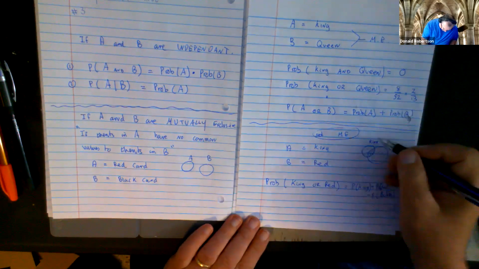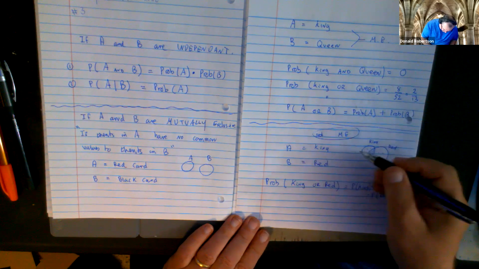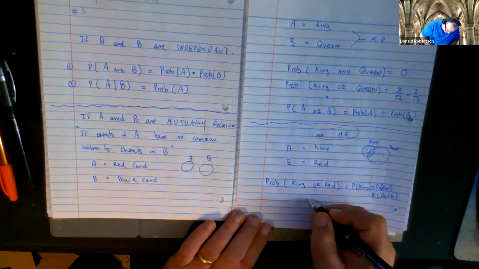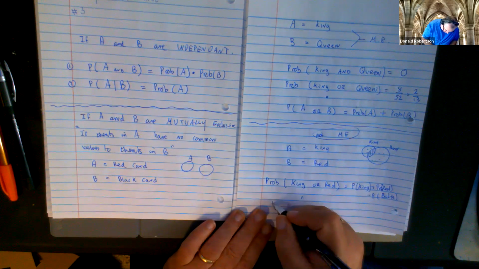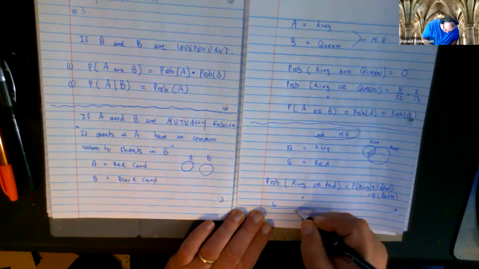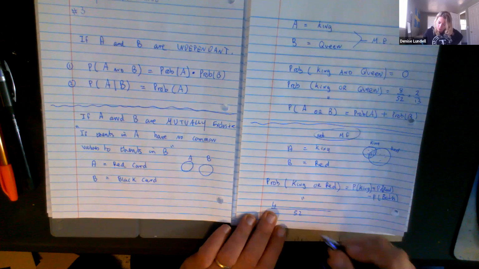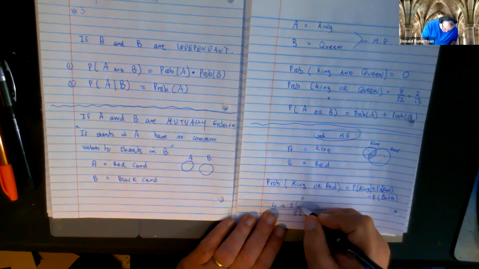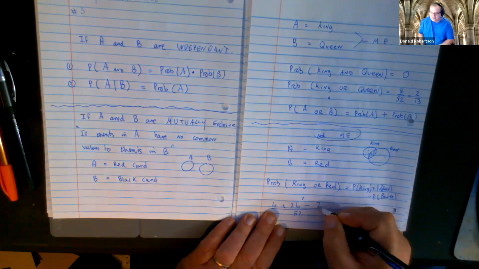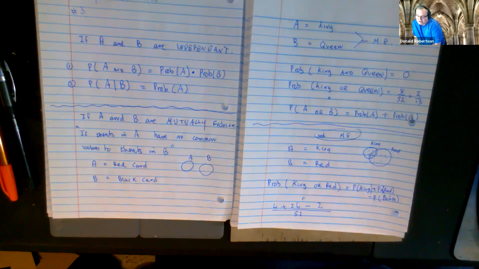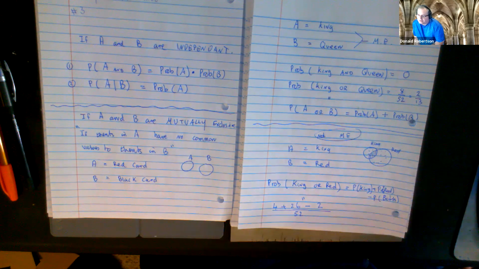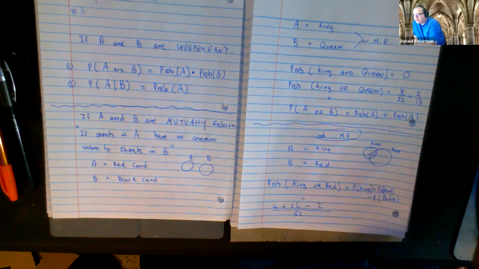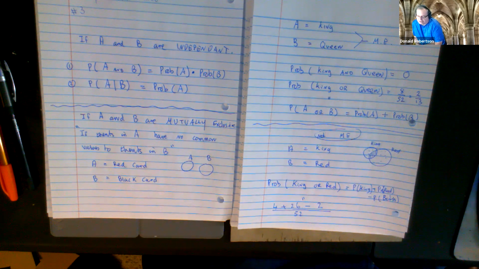There are 4 kings, the bottom number is 52. There are 26 reds, but there are 2 that are in both camps. You take away the probability of both so that you don't double count. You don't double dip and count a king, but then count it as being red, in which case you're really counting something twice and you shouldn't.